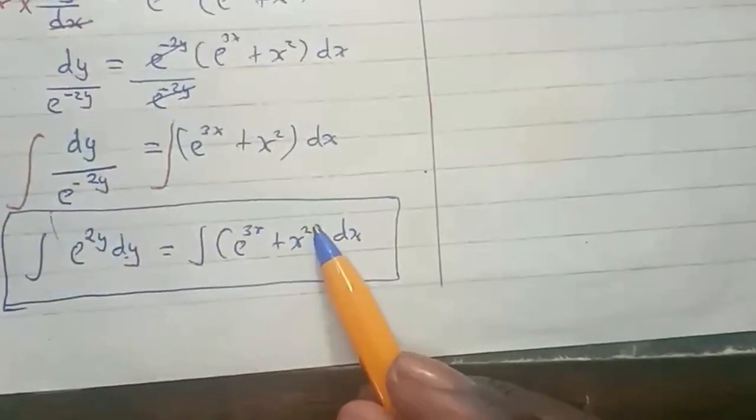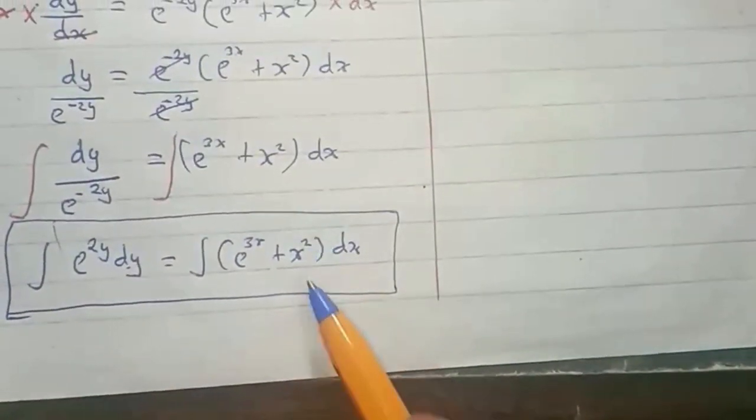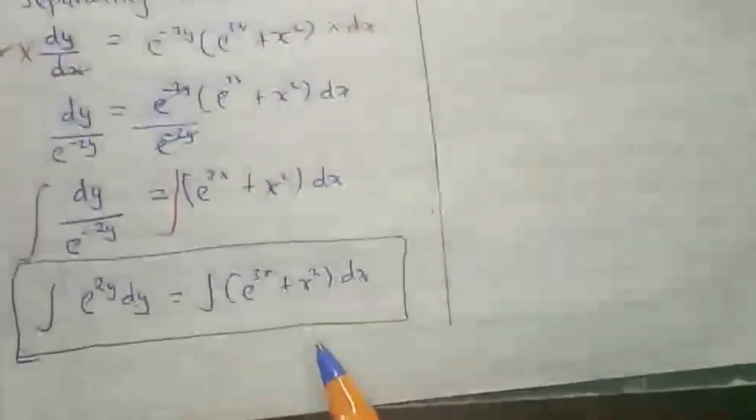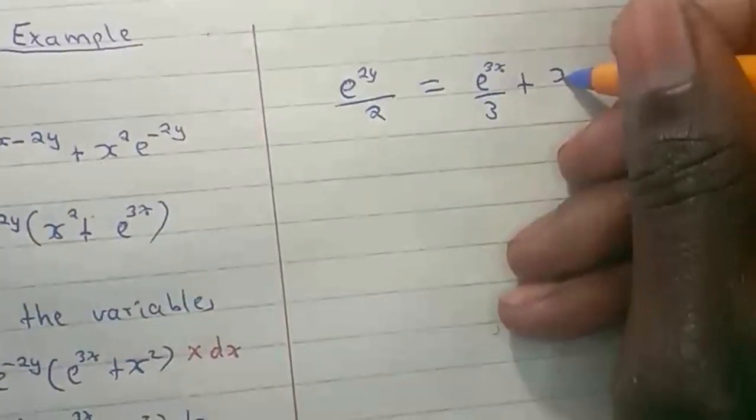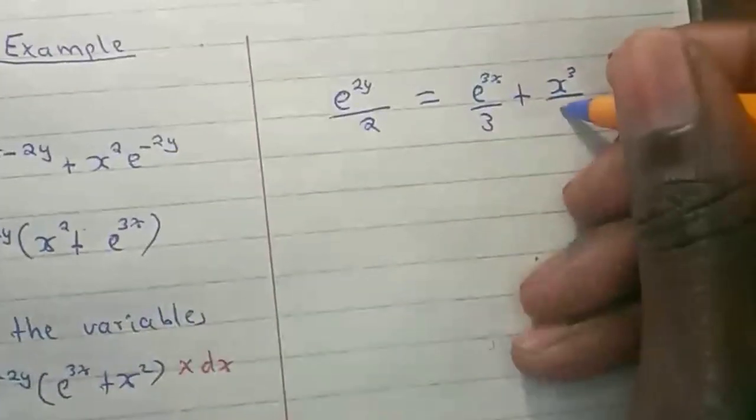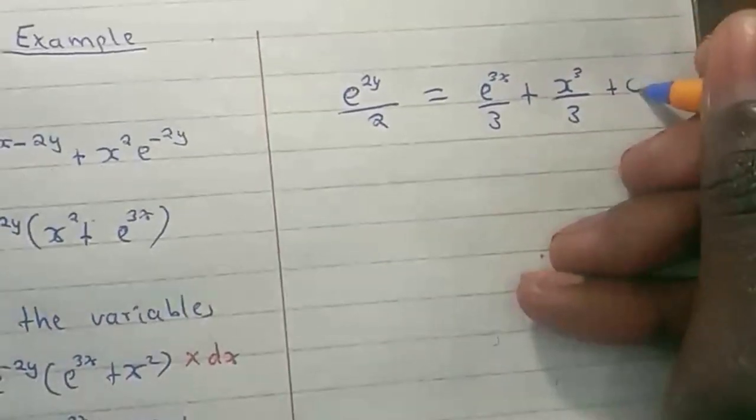Plus, if we take the integral of x², we add 1 to the power and divide by the same power. So x², if we add 1 to 2, it is 3, and this is all over 3. So the integral of x² is x³/3 plus c.